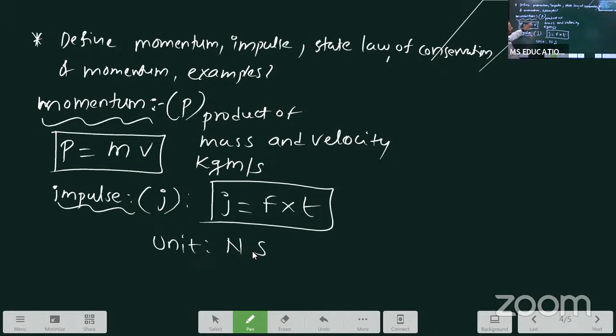First, momentum: product of mass into velocity.